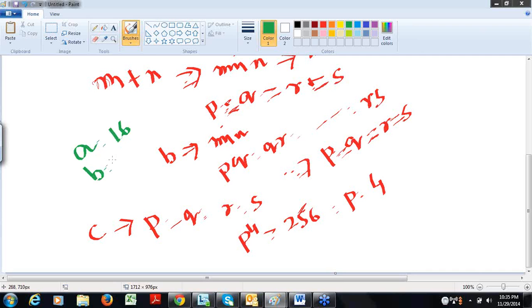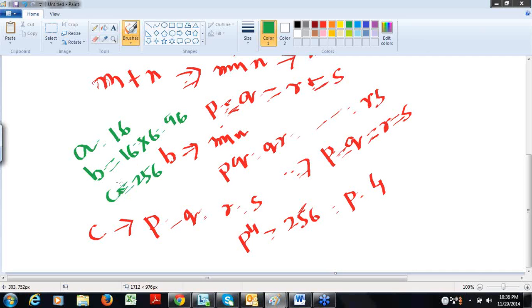B will be 16 into 6, that is 96. And C is equal to 4 into 4 cube, that is 256.